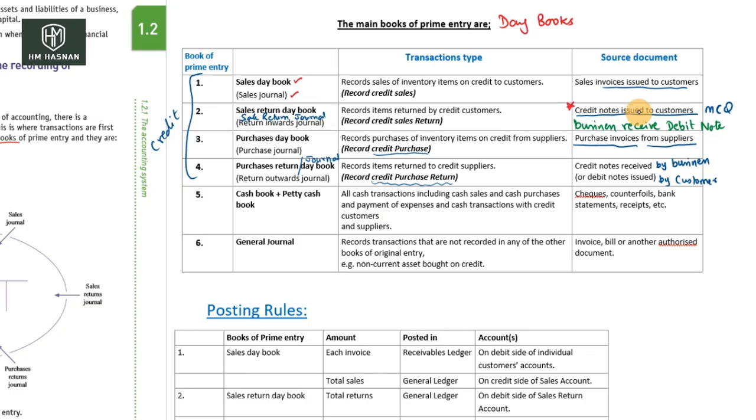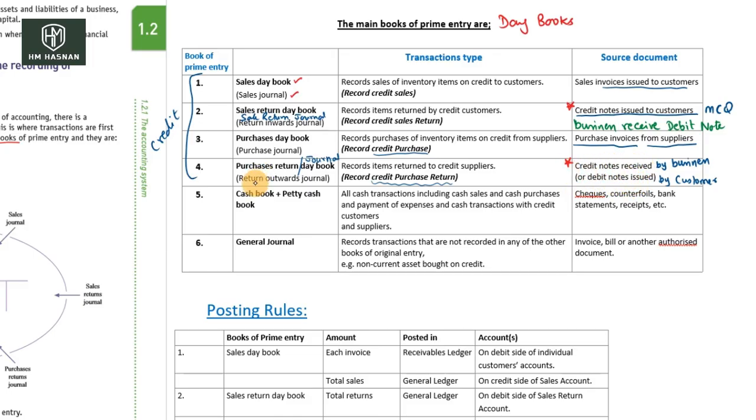Credit note issued by the business to the customer means sale return. Credit note received by the business means purchase return. The debit note is the reciprocal of the credit note: credit note issued means debit note received, and credit note received means debit note issued.